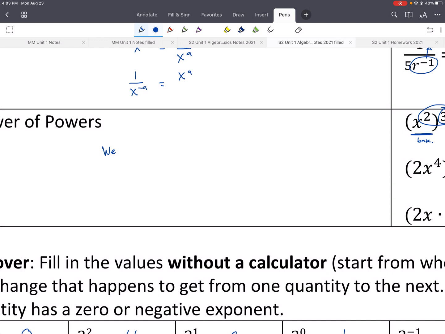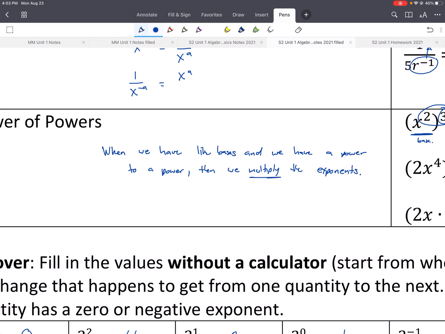When we have like bases and we have a power to a power, then we multiply the exponents.